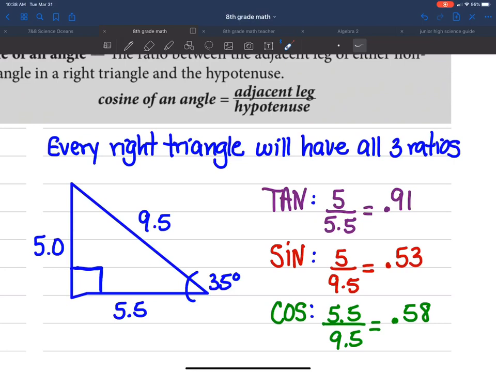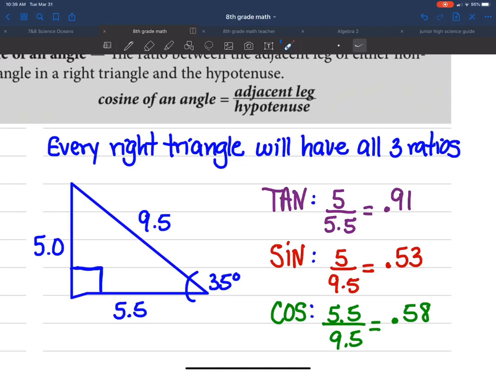And then the cosine, the abbreviation for the cosine is cos, is the adjacent leg by the hypotenuse. Okay, and so it's 0.58. All right, so for every triangle, you will have all 3 ratios found within that triangle.